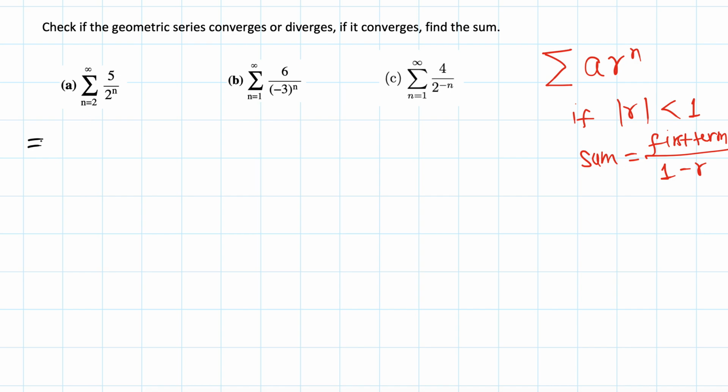So here this one is the sum starting at 2 to infinity, 5 times 1 over 2 raised to n. 1 can be considered as 1 raised to n, so this is 1/2 raised to n. So this is in the form a r^n. The common ratio here is 1/2.